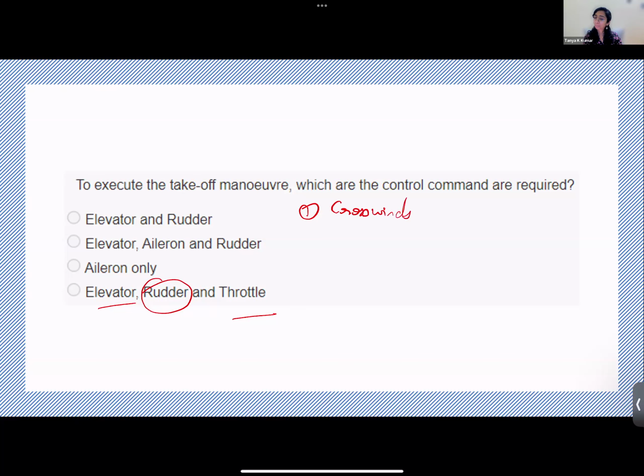Okay, now let's say in the absence of gusts or crosswinds, even then the rudder is deflected. Why?